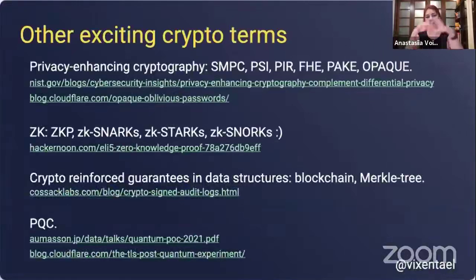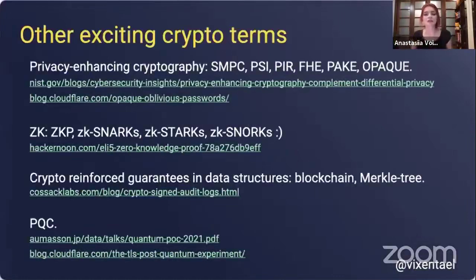The umbrella term is privacy enhancing cryptography, which means you can build a product and do all this analytics from your data while respecting and protecting user privacy, right? If you know the term differential privacy, differential privacy systems are often, not always, built using these privacy enhancing cryptographic technologies.